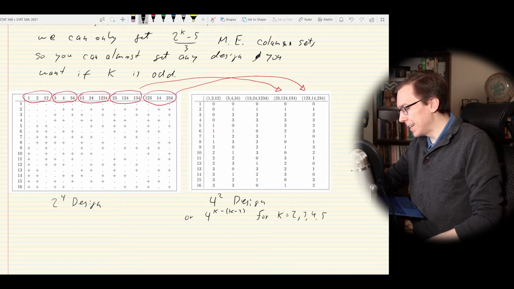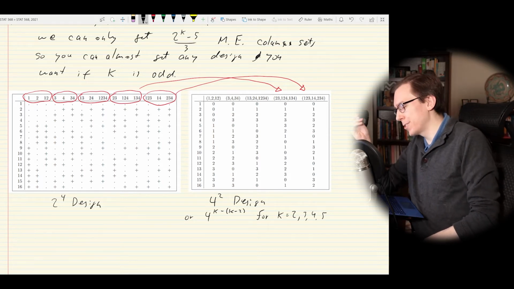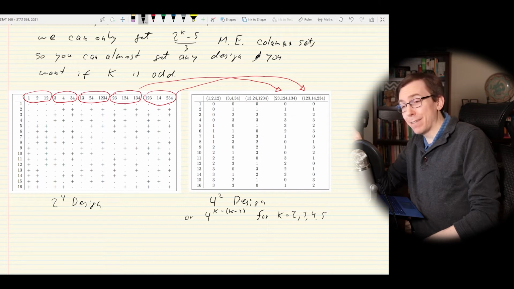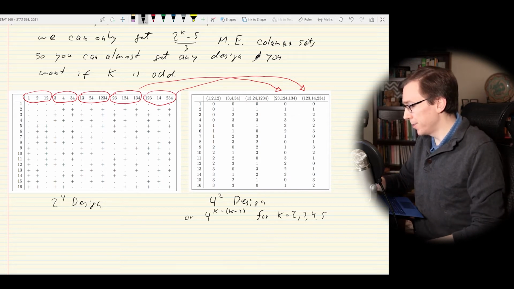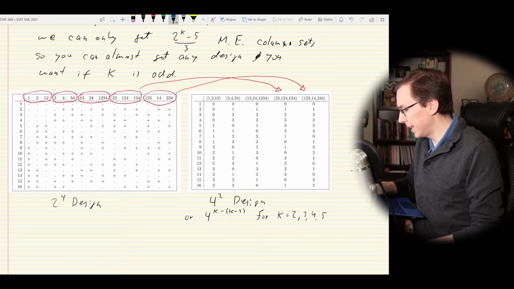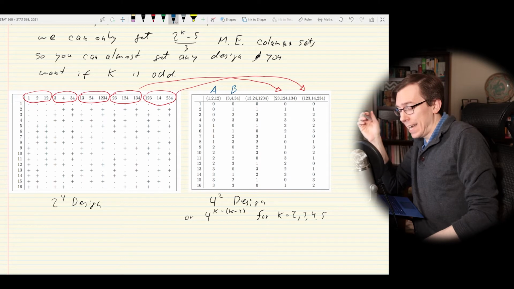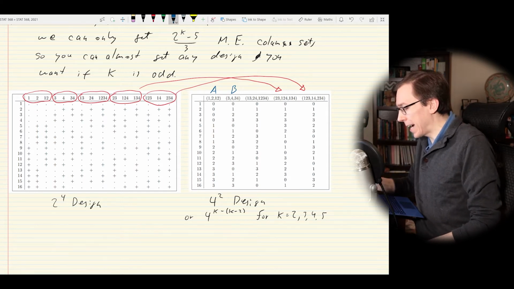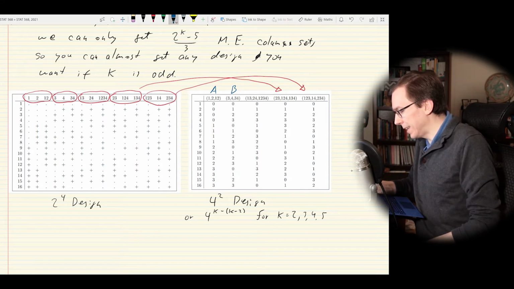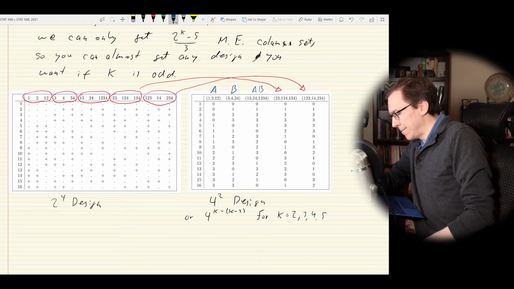And here, the difference between a 4 to the 2 and say a 4 to the 3 minus 1 would be how many of these columns correspond to main effects, right? Because what I could do is start by inserting, let's say, factor A in here and factor B in here. And then I'd actually get an interaction column, which would be, I think, A plus B if I did this correctly.